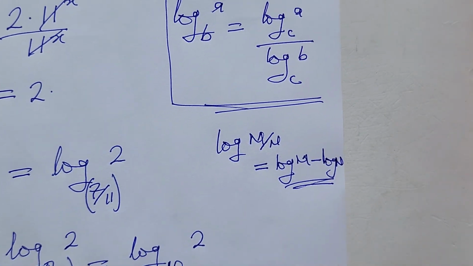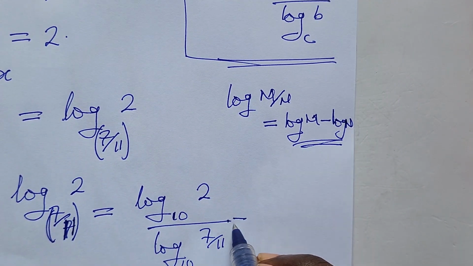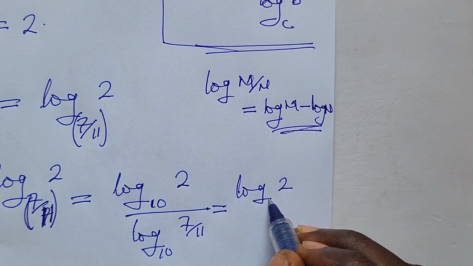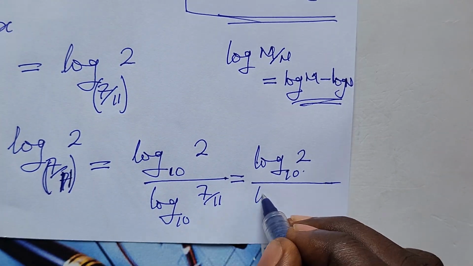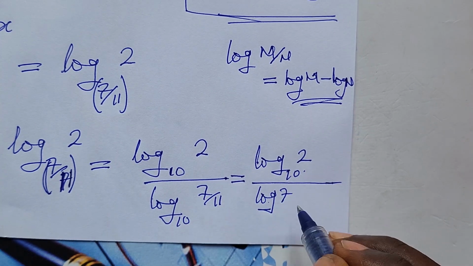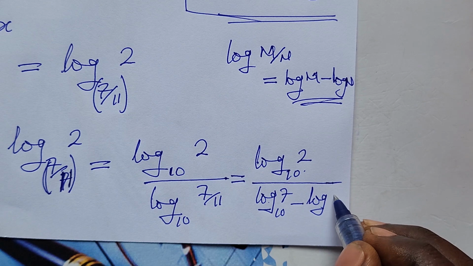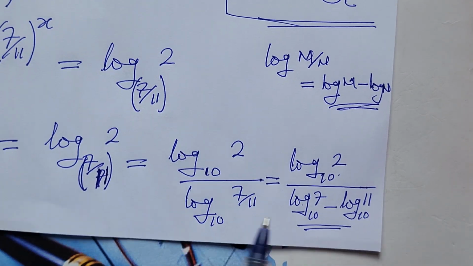Okay, so if we have this, let's rewrite this. So this will now give us log 2 base 10 all over log 7 base 10 minus log 11 base 10.